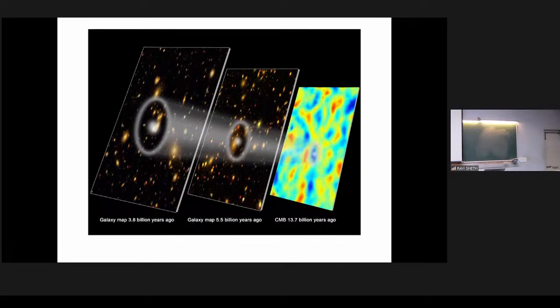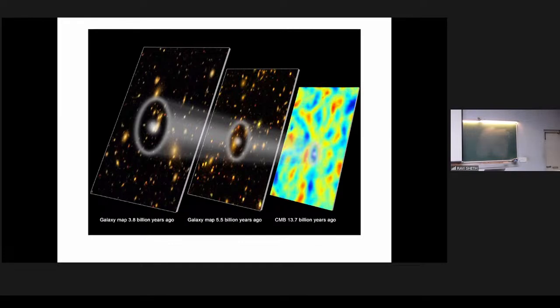So those circles, all of the same size, are the same physics as the circles that are here. It's just that these circles got stretched to be this big, because the universe expanded. And so now we can measure the geometry of the universe, or the angular diameter distance relation, at many different distances.